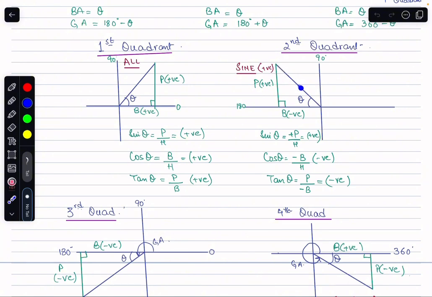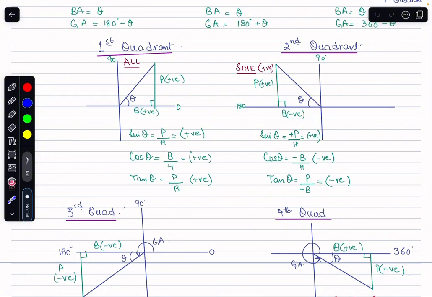Second quadrant, I have this rotation in the second quadrant. Basic angle is theta. Again, I have this right angle triangle. With respect to the right angle triangle, what I have seen is that my base lies on the negative x-axis and my perpendicular is lying on the positive y-axis, parallel to the positive y-axis.